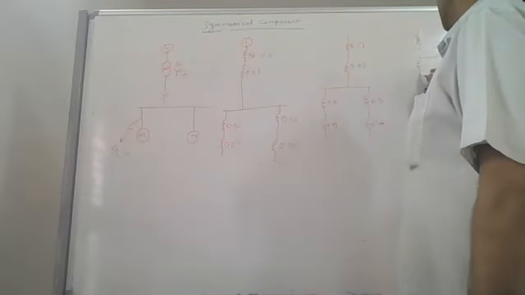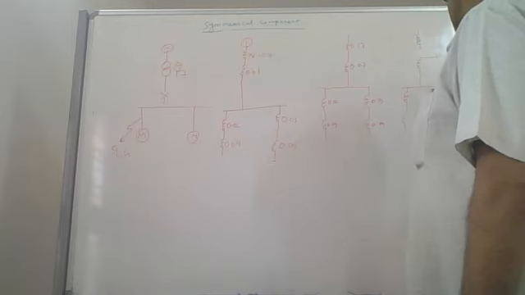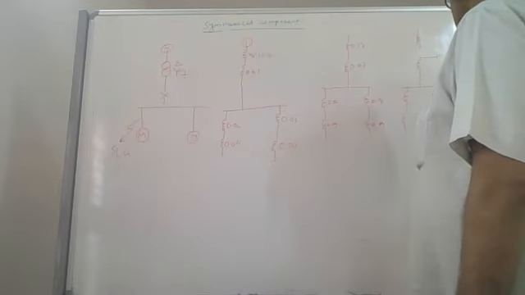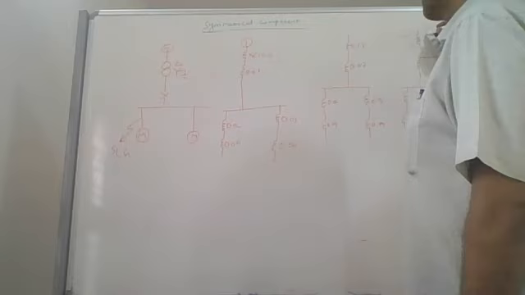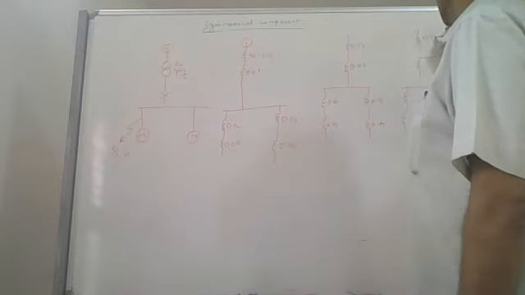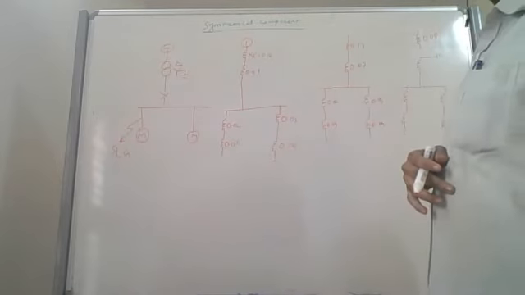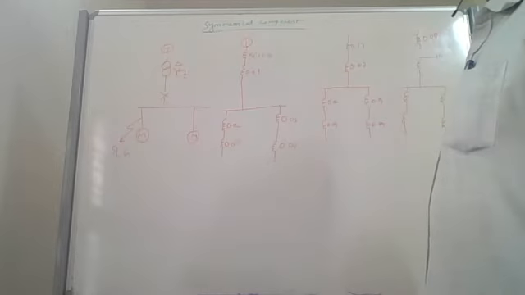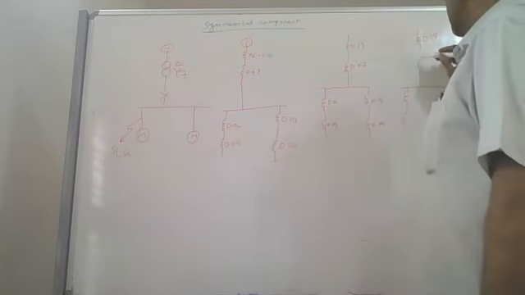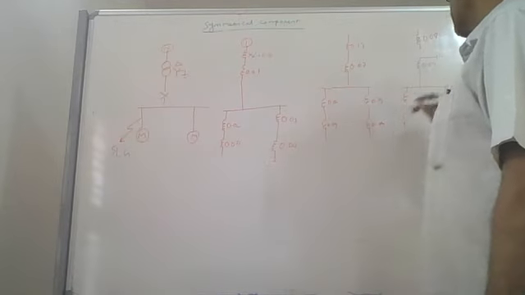And when I come here, then I have it like this. Now what is the zero sequence impedance of this generator? It was 0.08. For the transformer, I need to get the zero sequence impedance if the transformer was grounded. Let's say it is 0.05.